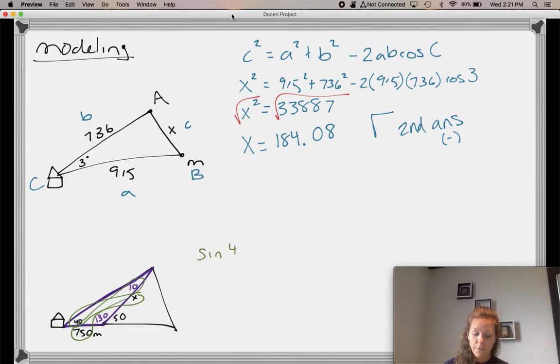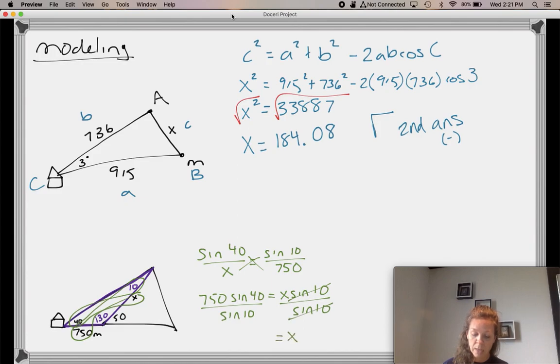Sine of 40 over x equals sine of 10 over 750, and that will be our law of sines. So now to solve this, because that x is on the bottom, I'm going to cross multiply, and I'm going to say 750 sine of 40 is equal to x sine of 10. And I want to get that x alone, so I'm going to divide by sine of 10.